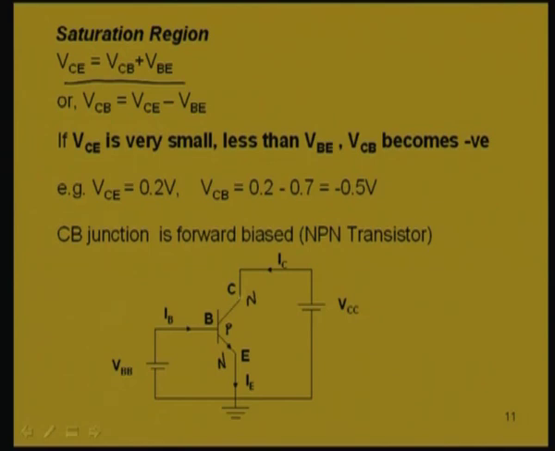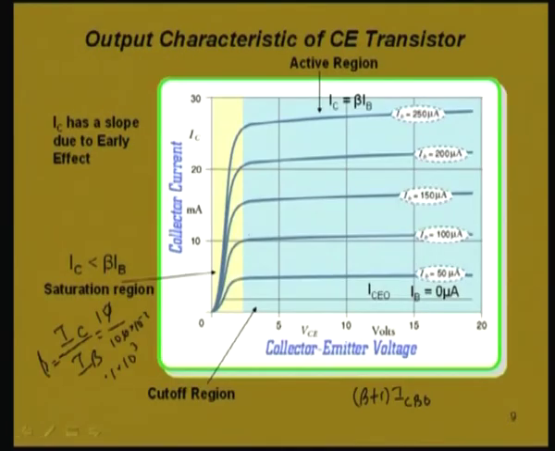So, if this happens, the forward biasing of input as well as output circuit happens, then similar to this phenomenon that occurred in transistor common base will be here also. So, this saturation region will be having a lesser and lesser collector current because of this phenomenon where the collector base region is forward biased when this VCE is very small. So, actually in this region a transistor is operated for switching on or saturation occurs.